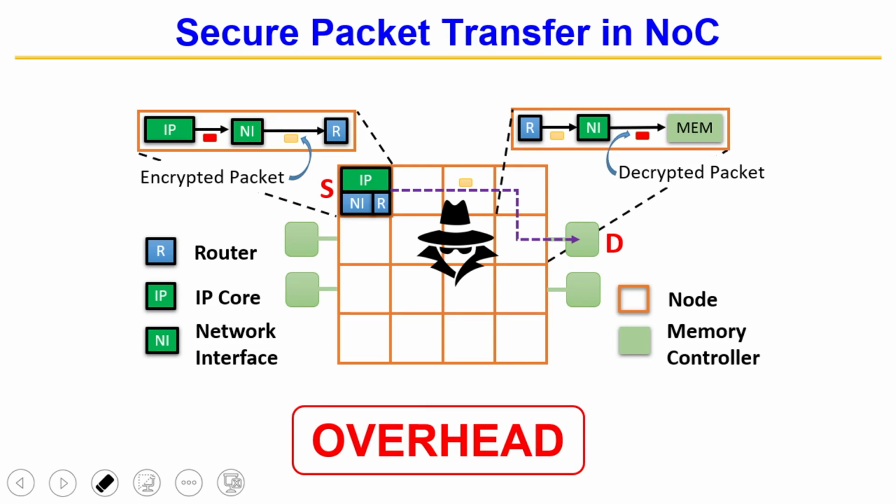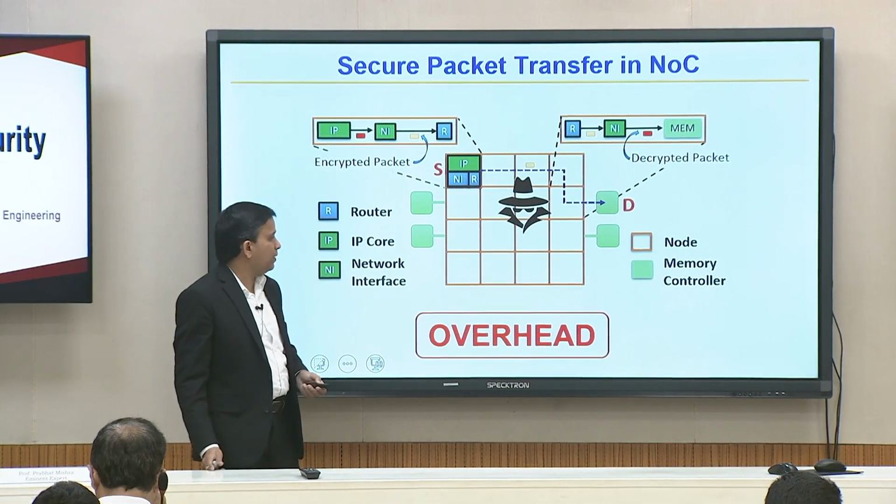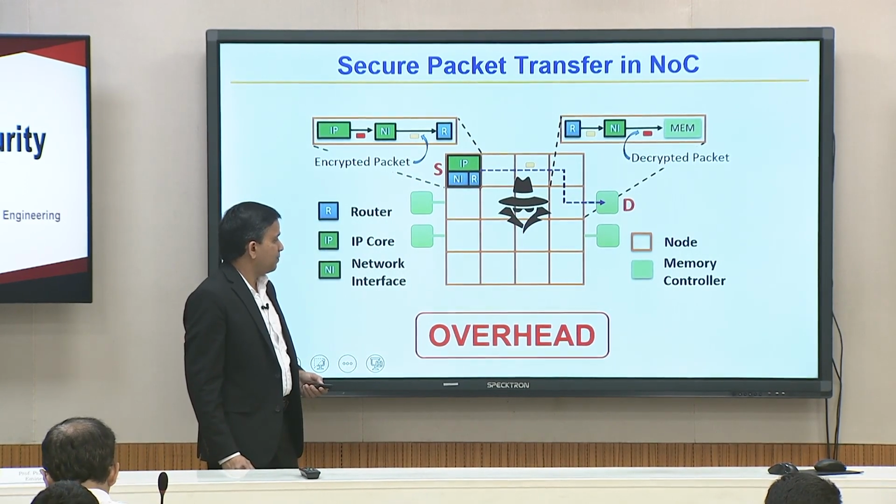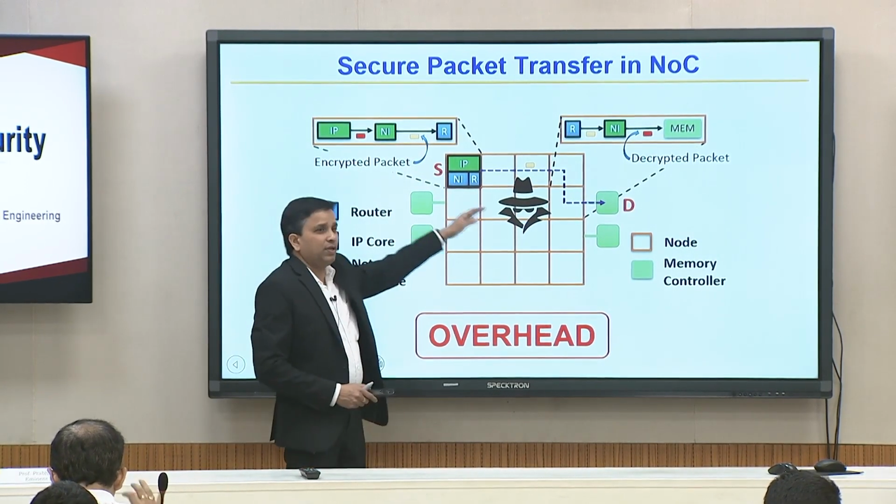But the problem is the overhead is too much. If you want to implement traditional encryption, we talked about AES, counter, Galois mode, then elliptic curve cryptography and so much. RSA would be too expensive to implement. The delay and execution time would be too much. It is unacceptable, because you are sending a load request.